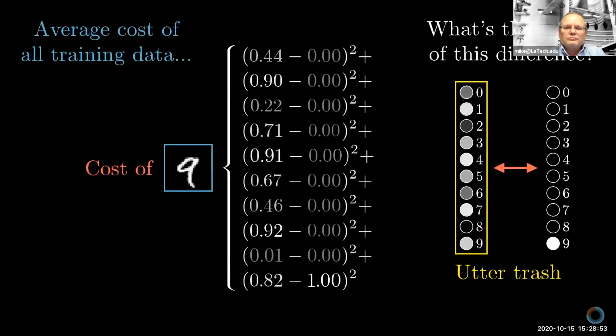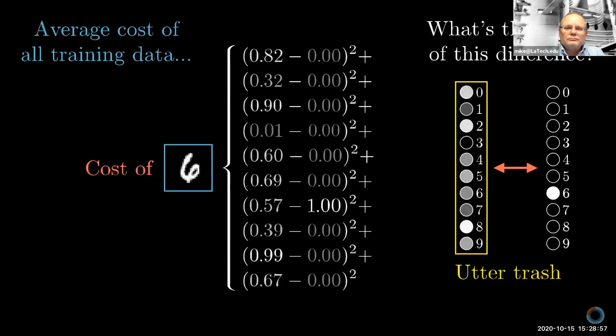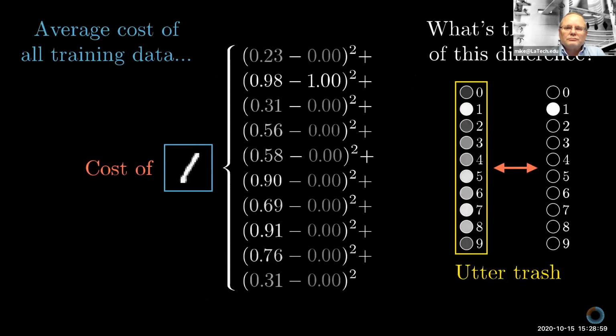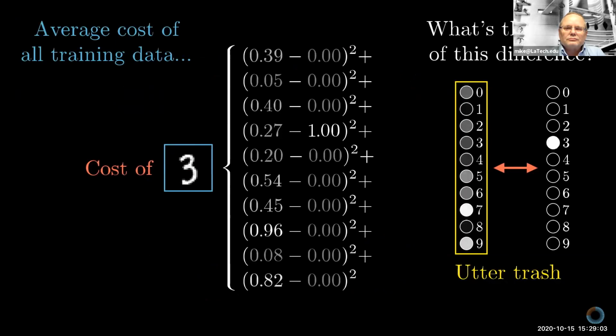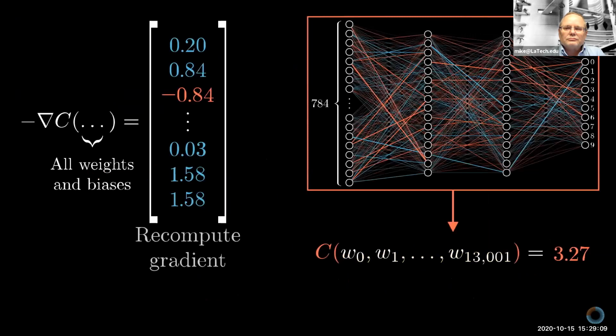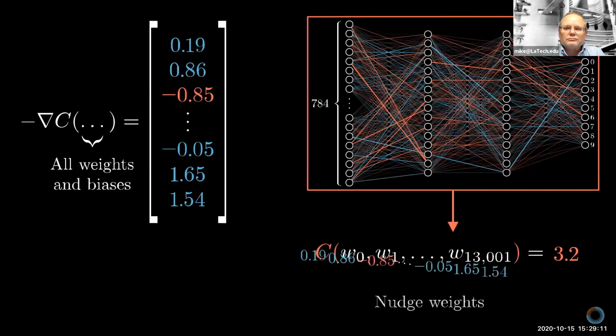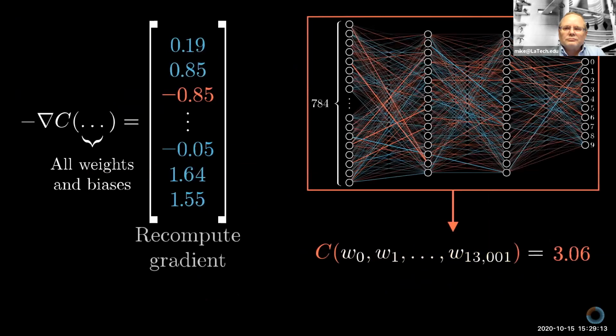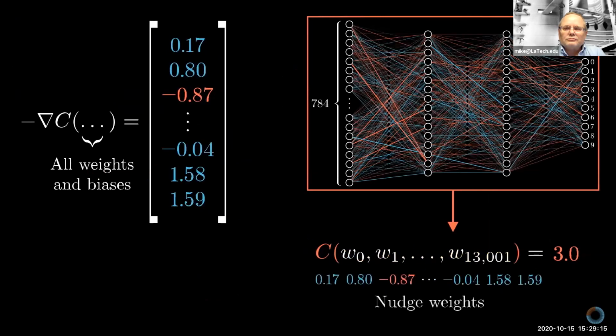Doing this for all of your tens of thousands of training examples and averaging the results, this gives you the total cost of the network. And as if that's not enough to think about, as described in the last video, the thing that we're looking for is the negative gradient of this cost function, which tells you how you need to change all of the weights and biases, all of these connections, so as to most efficiently decrease the cost.